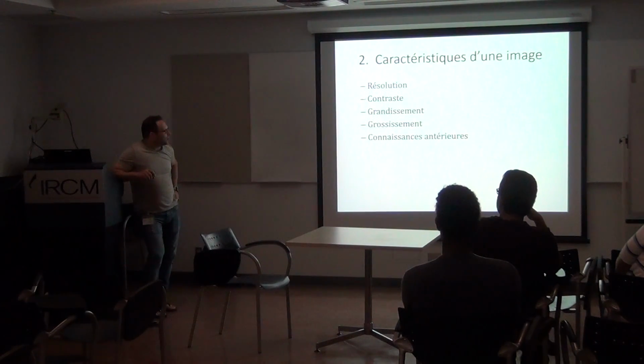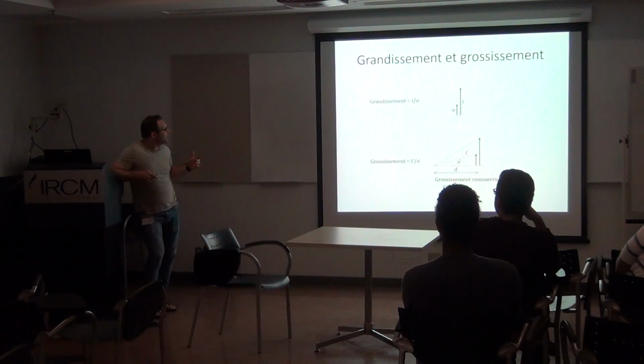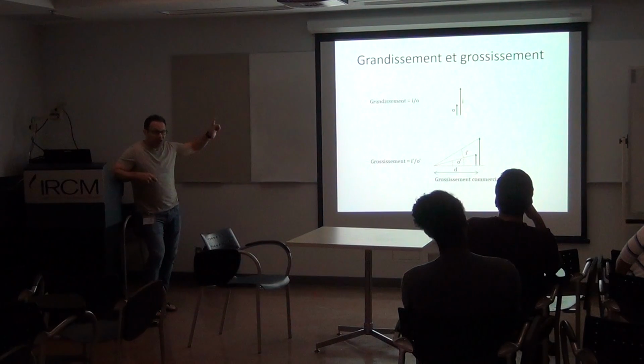Okay, and so in a microscope, when you take an image, you have an objective that has a certain magnification, and the magnification is defined from something. This is mainly the grandissement and grossissement. Grossissement is defined with an angle, while grandissement is really defined by the size of an object and its image.